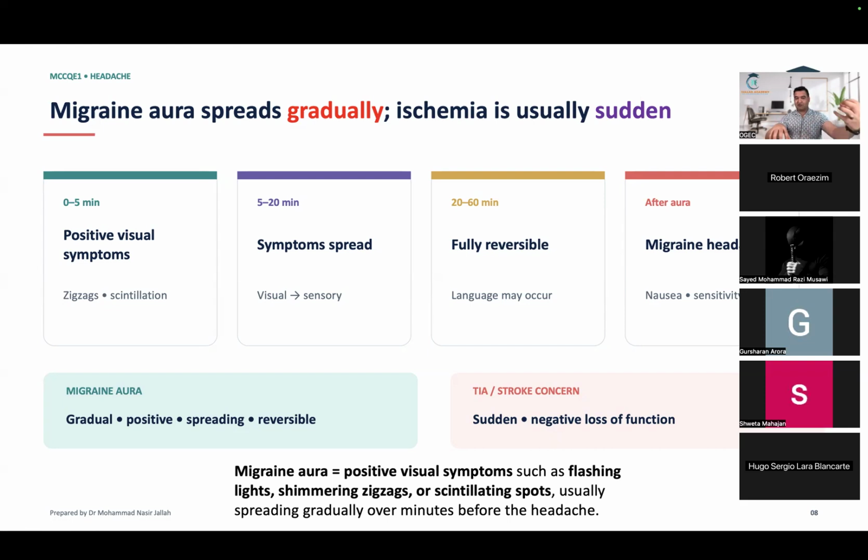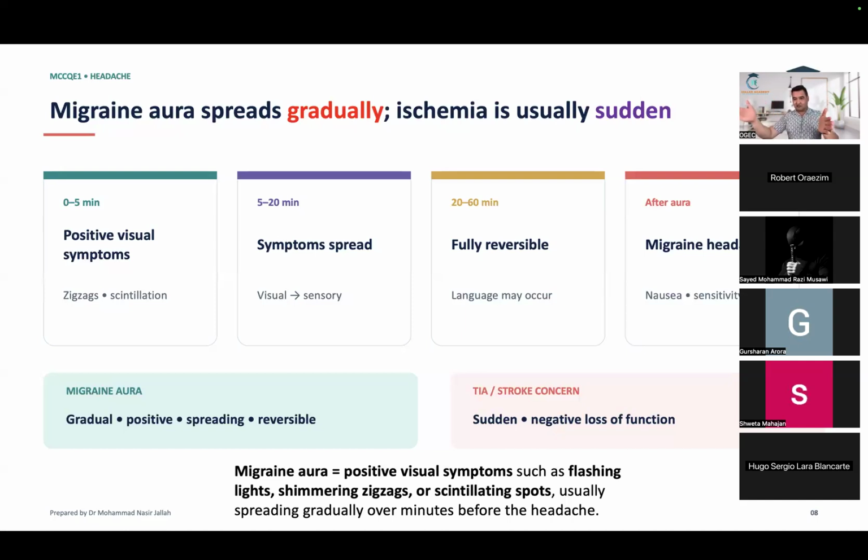For example, the patient starts seeing things, for example zigzag, right? It is add-on. It's a positive. That's why they call it positive. Positive means the symptoms are adding on. But in stroke, you're losing sensation. You're losing the power. So you're losing, not adding. So negative symptoms, stroke. Positive symptoms, usually migraine. Gradual progression or onset, migraine.